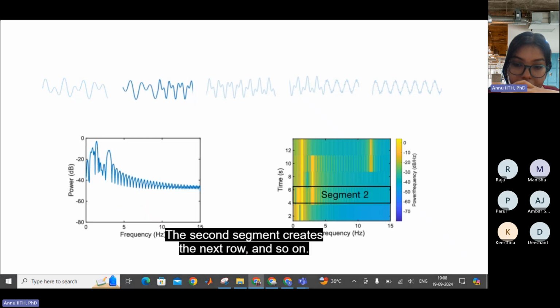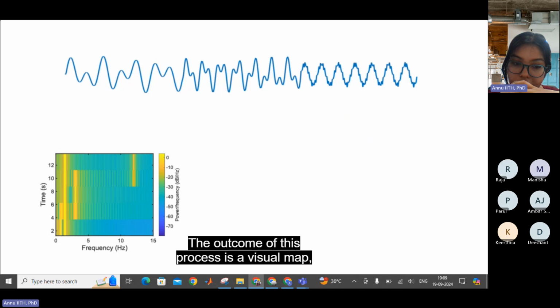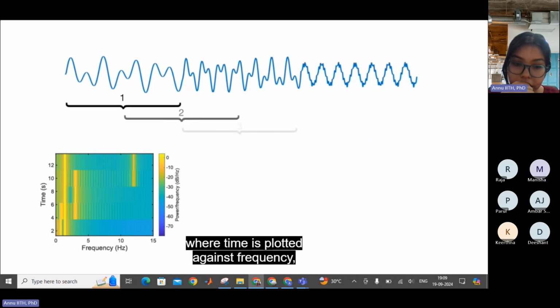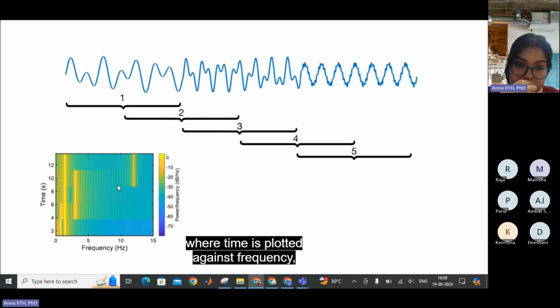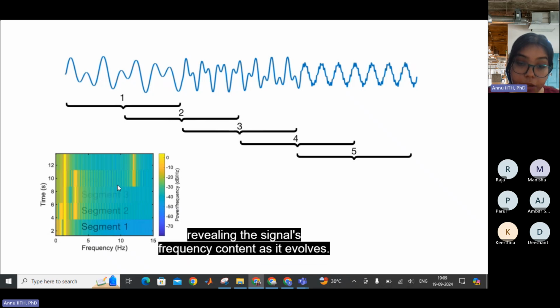The second segment creates the next row, and so on. The outcome of this process is a visual map where time is plotted against frequency.